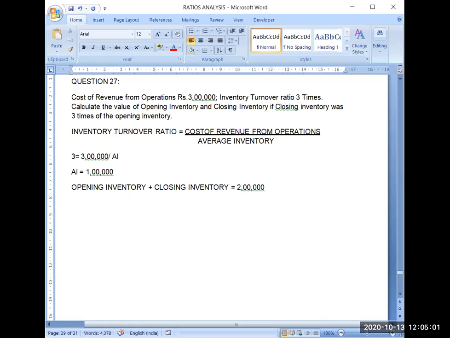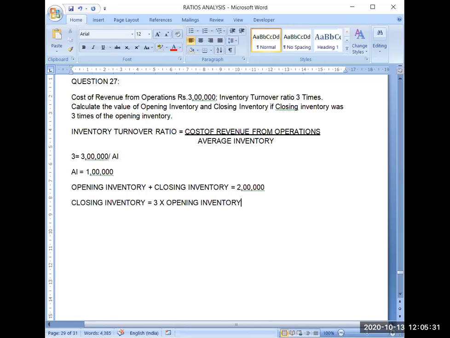So this is the equation which we got from the question now. And now the relation between closing and opening inventory is given. It is saying closing inventory is equal to 3 times of opening inventory. If I multiply 3 into opening inventory, then only I will get the value of closing inventory.